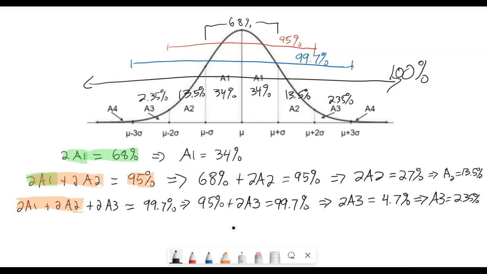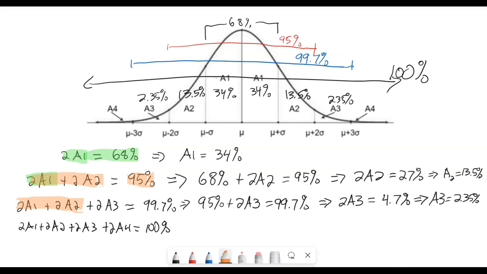And we're letting A4 not be between 3 and 4 standard deviations of the mean. A4 is the rest of what's underneath that tail. So A4 goes on forever to the left and to the right. So we have 2A1 plus 2A2 plus 2A3 plus 2A4 equals 100%.